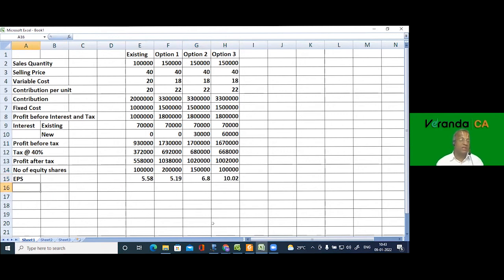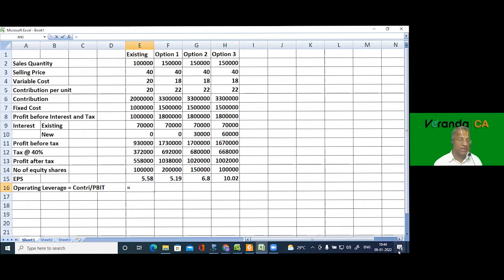Now, the risk and the return for which the appropriate thing that we take up is leverage, operating leverage and financial leverage. That we will take up. Operating leverage is equal to contribution divided by profit before interest and taxation.